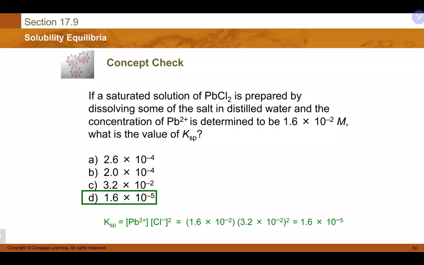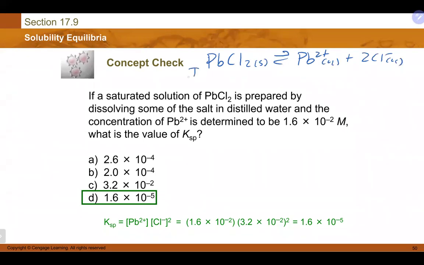So for example, if we look at this here, this lead-2 chloride, and it tells us that the concentration has been determined in solution, we can actually do an ice table here with our lead-2 chloride, which would break apart into lead and a couple of chloride ions.